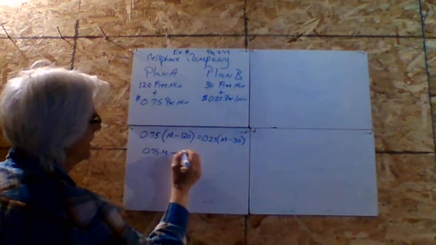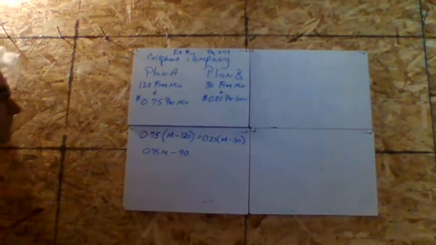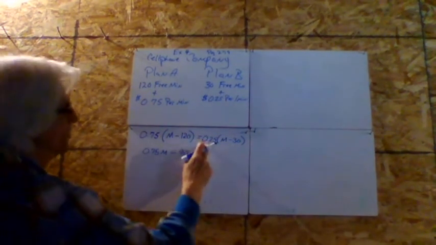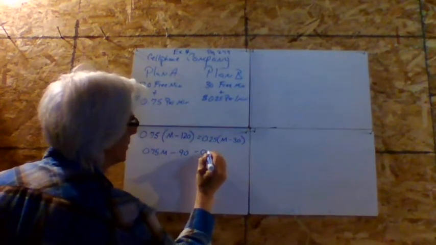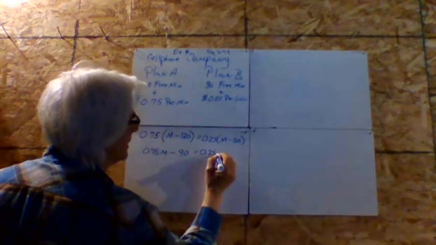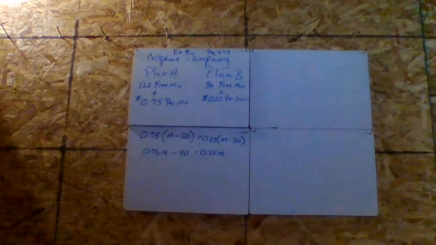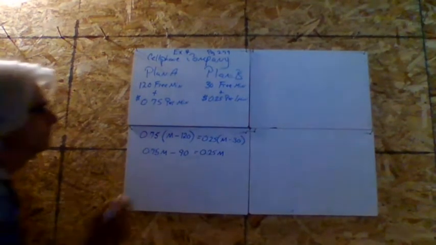And when you do that, you're going to come out to have 90 equals, same thing over here, 0.25 m. Then 0.25 times 30 gives me 7.5.